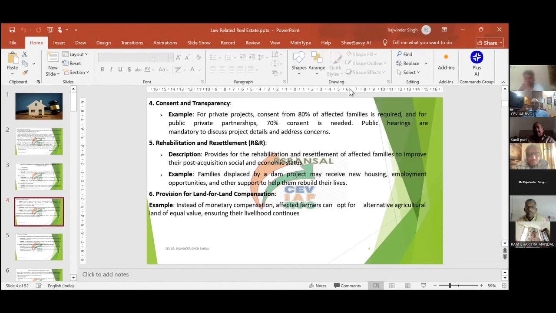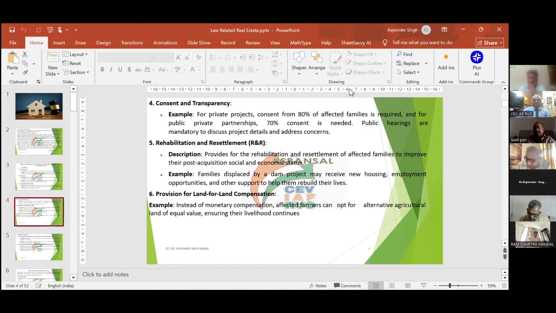Then, provision for land to land compensation. So another thing which has been incorporated is that there may be land for land compensation instead of monetary compensation for land.